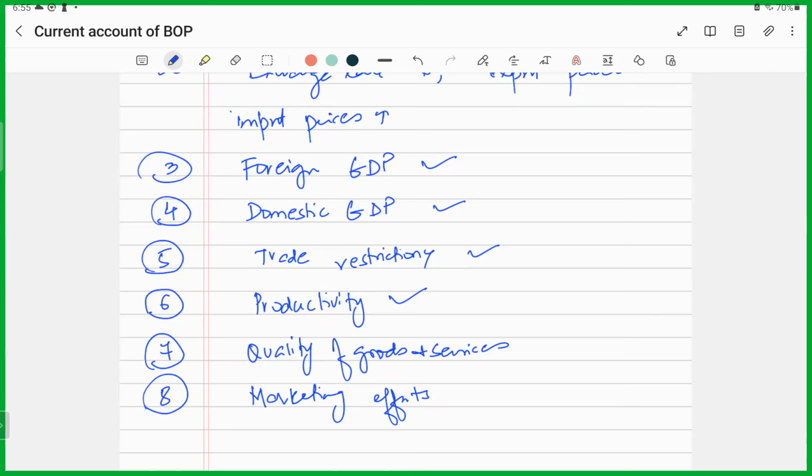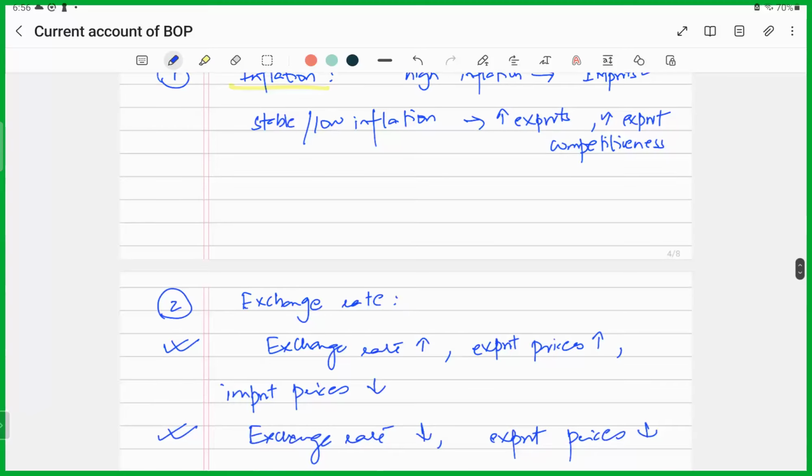So, the higher the marketing expenditure made and how tactfully they place it, and if it's able to grab hold of sufficient demand, then the exports of your country can rise. However, if the imported products are famous and highly demanded in the home country, then the imports would be relatively more. So, these are the 8 factors that influence imports and exports.